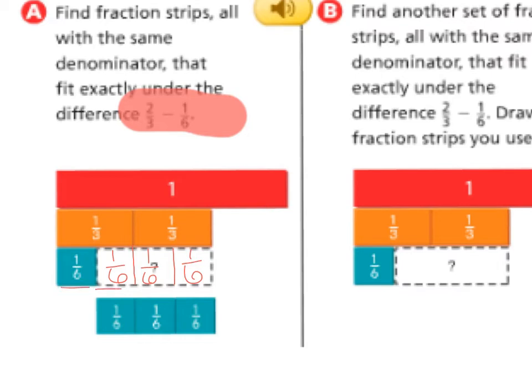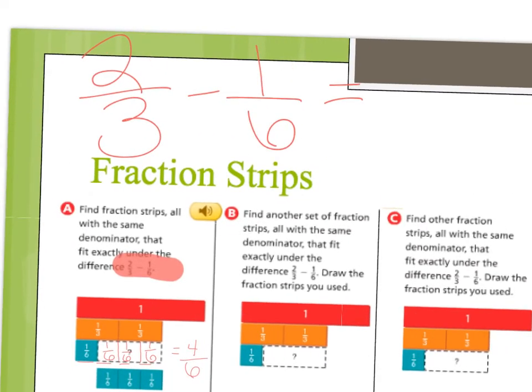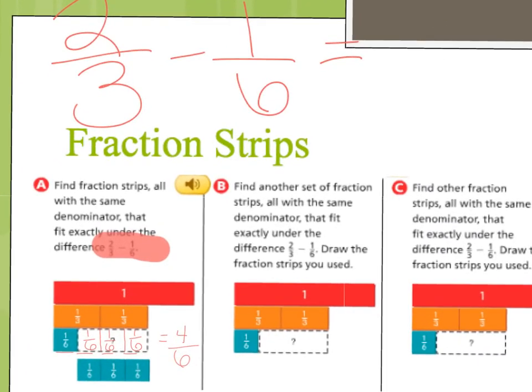I have 4 1/6 blocks. 4 1/6 blocks are also known as 4/6. Now, 4/6 is making up the same distance as 2/3. So in other words, I could say that 2/3 can also be described as 4/6.